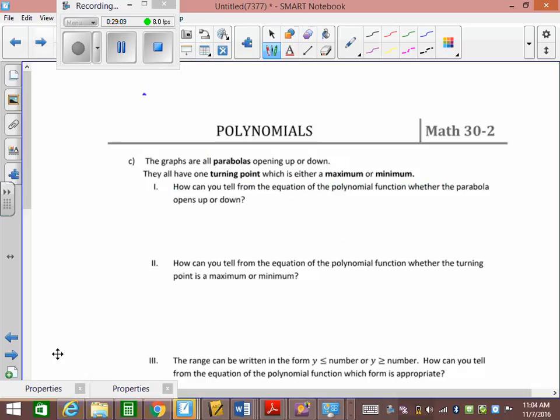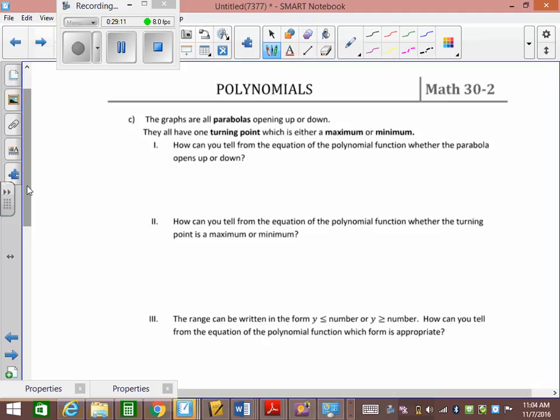Okay, the graphs are all parabolas opening up or down. How can you tell if they open up or they open down? The leading coefficient. If you have a positive leading coefficient, it's going to be up on the right, correct?